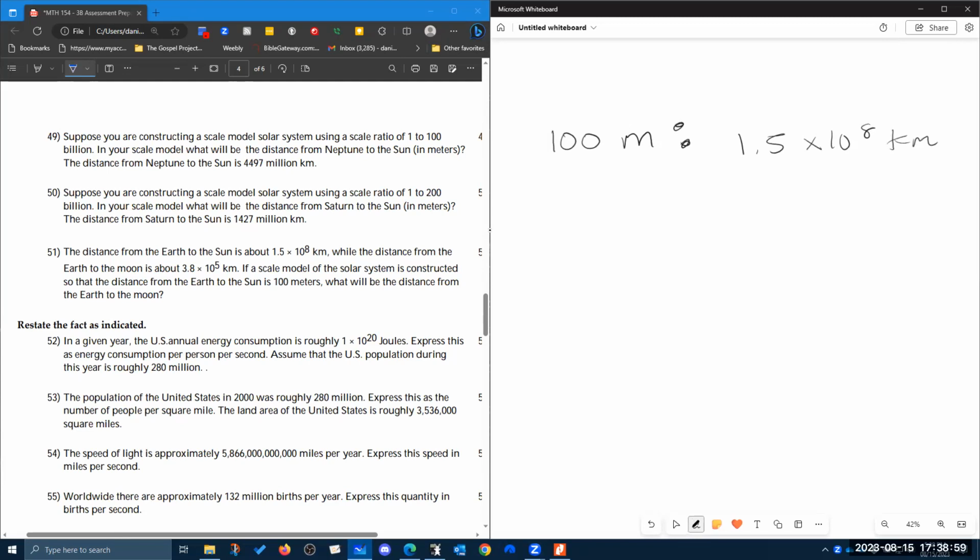Right? Then we're going to have 100 meters to 1.5 times 10 to the 11th meters here. And we get 1 to 1.5 times 10 to the 9th for our scaling factor.